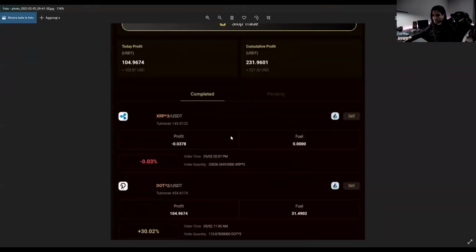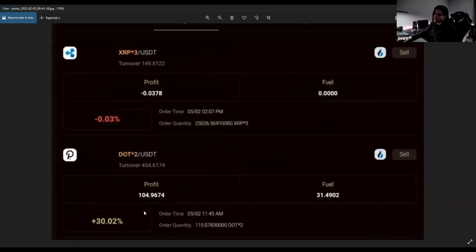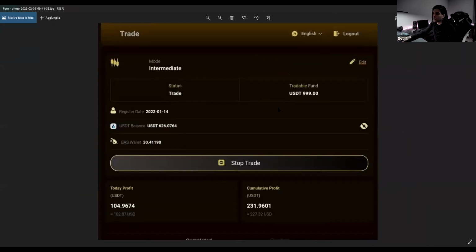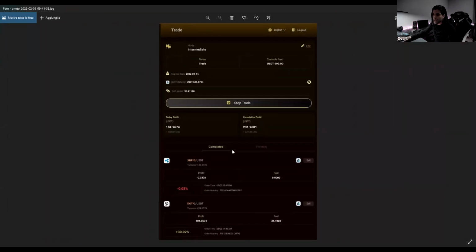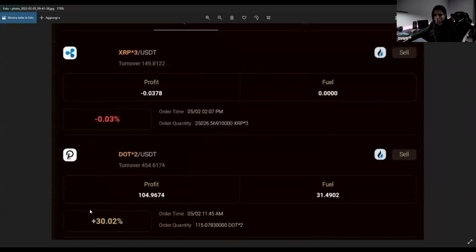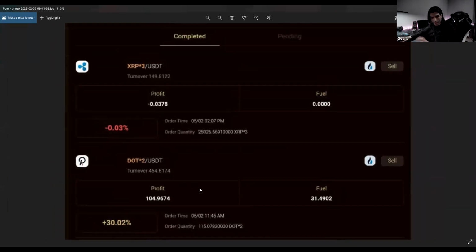I can show you different strategies. Also, this is an intermediate strategy with $1,000 and another big profit of 30% of $400. This is fantastic in my opinion. I really like this kind of trading.